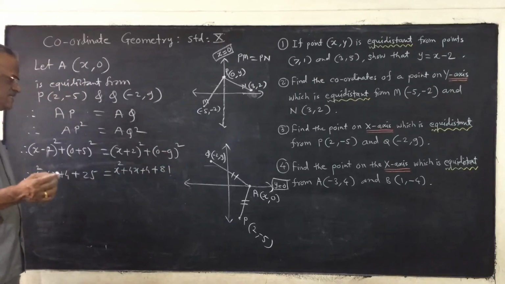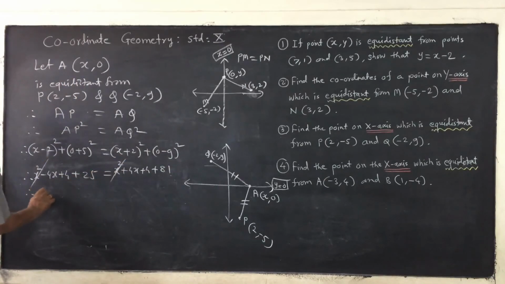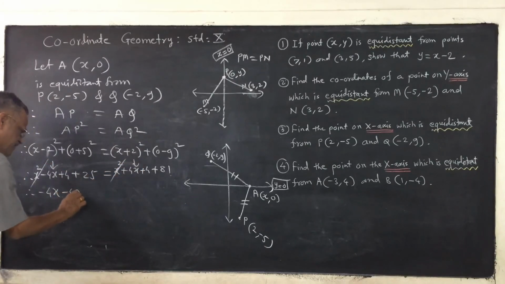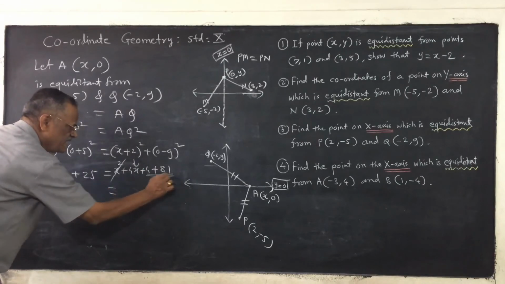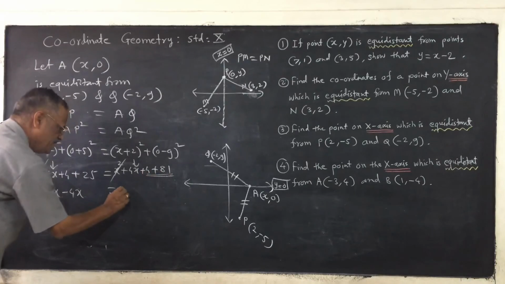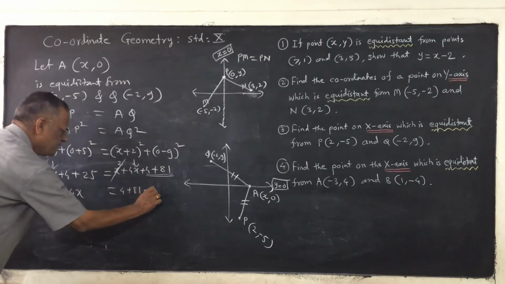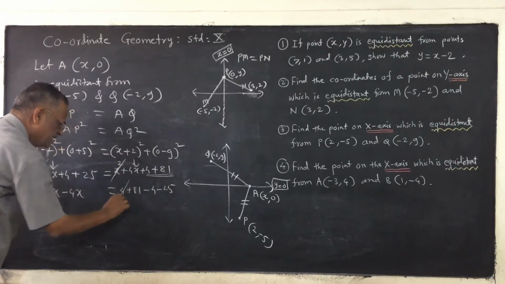Again cancellation is there. You can see negative 4x, and this is positive, but when you transfer to the left hand side, the number there is 4 plus 81. Transfer negative 4, transfer 25, you can cancel there.